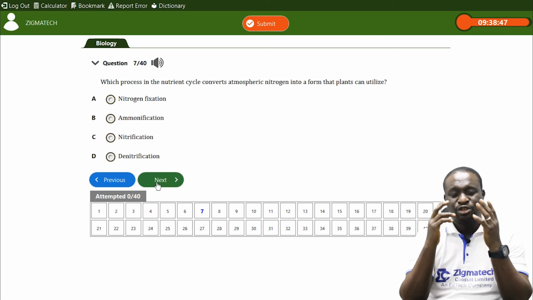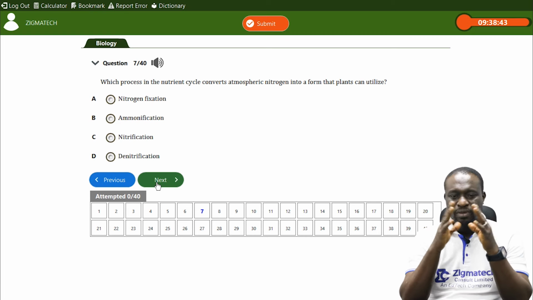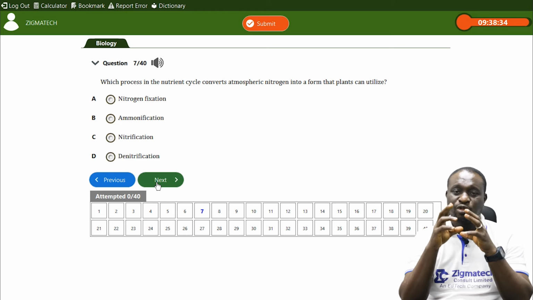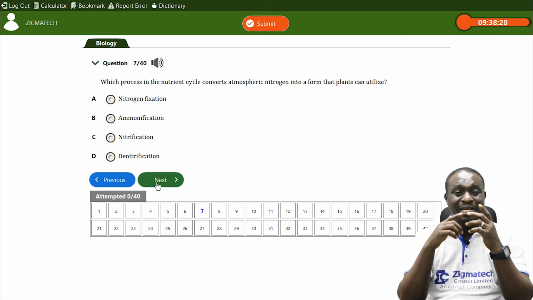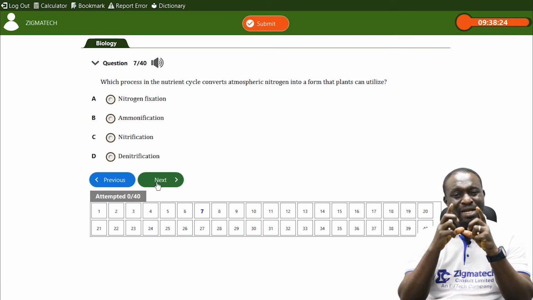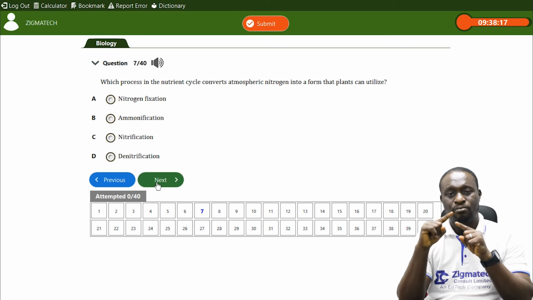An example is the Rhizobium leguminosarum, which is found at the root nodules of leguminous plants. It helps to fix atmospheric nitrogen into the plant. Okay? Ammonification is also carried out by bacteria, in which bacteria break down dead remains of plants and animals into ammonia or ammonium compounds.